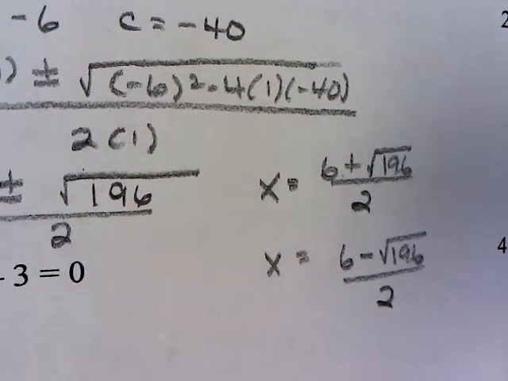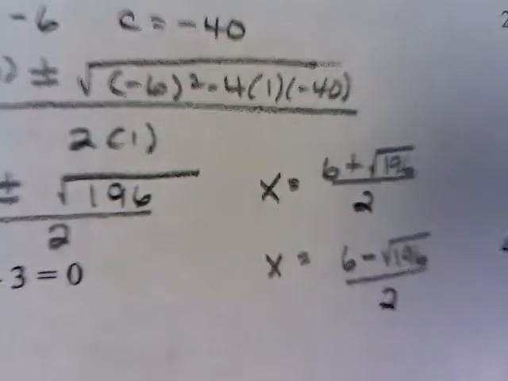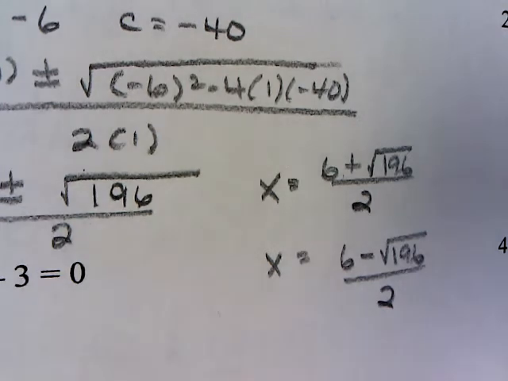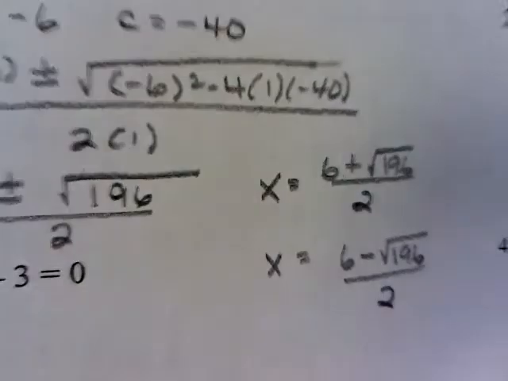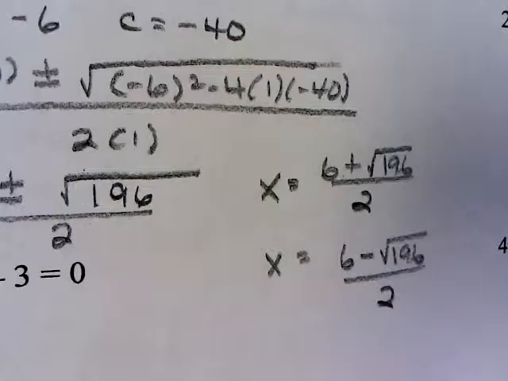When I work these two options, I need to be careful that, one, if I'm on a graphing calculator, I do 6 plus the square root of 196, enter to lock the numerator together, then divide by 2. Same thing on the bottom. If I have a regular standard calculator, I can just take the square root of 196, get an answer, and just do the math. Just remember, your numerator has to come together to get an answer before I can do my division.